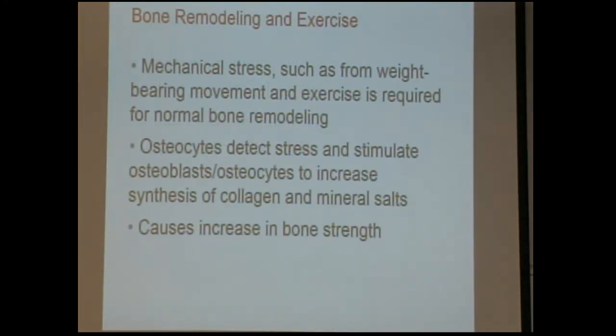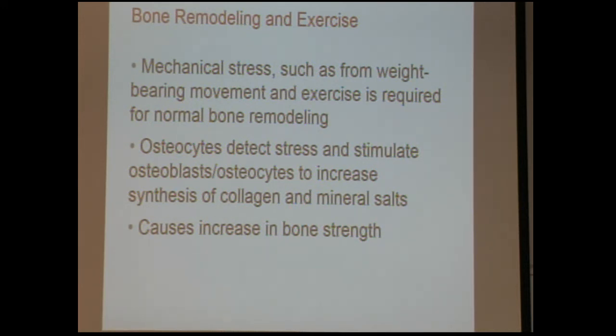All right, so one really interesting thing that I actually didn't know about before I was teaching this class is that the more stress you put on the bones, the stronger they become. So kind of like what doesn't kill the bone makes it stronger. One of the ways you can do this is exercise, especially weight training exercise.